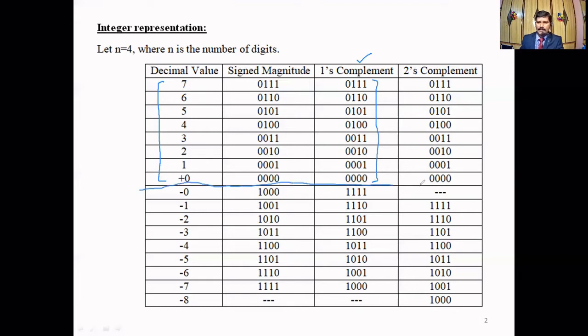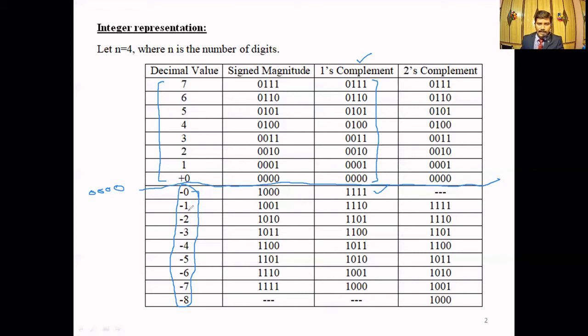Coming to minus 0, these negative numbers will be stored in ones complement form. Let us take minus 0: take the value of 0, which is 0 0 0 0. What is the ones complement of this? 1 1 1 1. That's all.